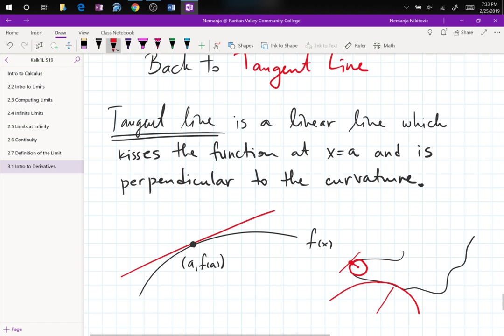It still has a radius coming in from somewhere, and at that point, the tangent line is perpendicular to that radius.